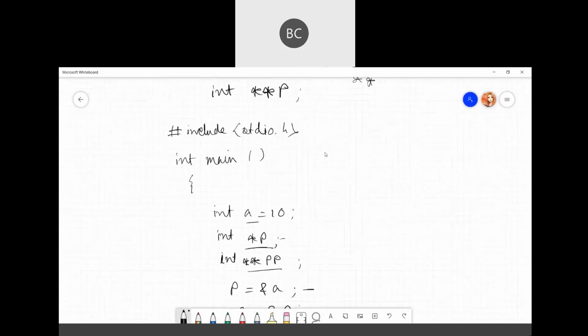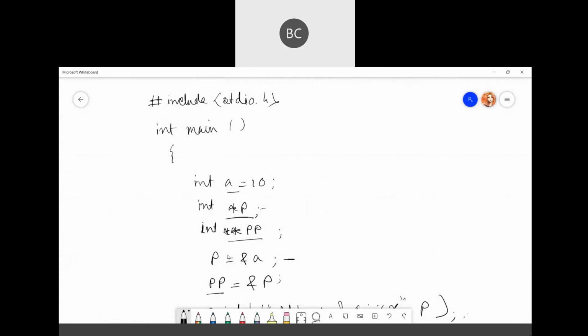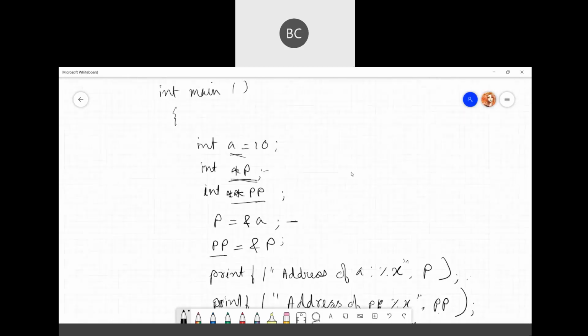Okay, so in a simple program, what's happening here? Here we have a variable a with value 10, then another pointer variable p, then a double pointer variable pp. First p is holding the address of a, and the double pointer pp is holding the address of pointer p.